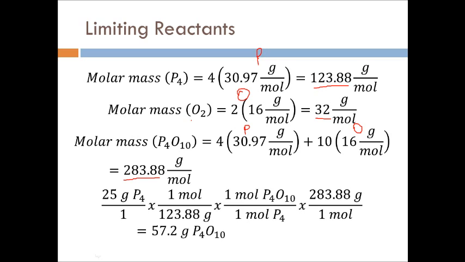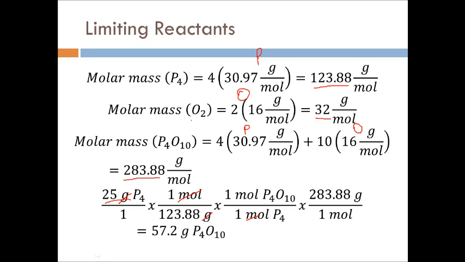All right, so we're going to start with 25 grams of phosphorus, because that's what they tell us we start with. Now, here's the trick. This is basically going to be a mass-to-mass stoichiometry. So we start with our 25 grams. We're going to divide by the molar mass here, so we get rid of our grams, and that will leave us with moles of phosphorus.